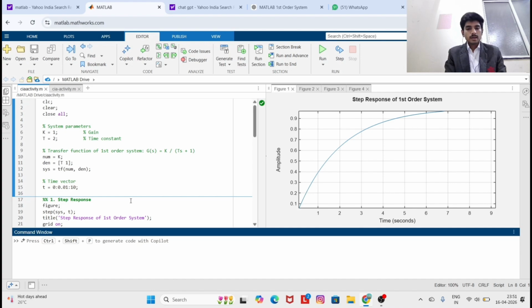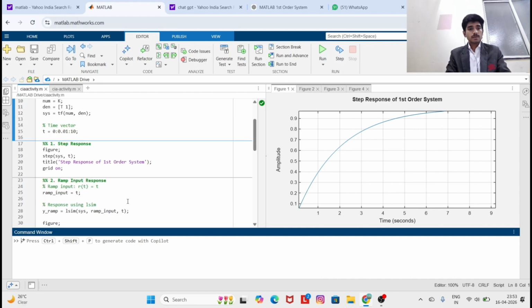Then this mathematical model is converted into a form that MATLAB can understand, so that it can be used for analysis and plotting. Finally, the time range from 0 to 10 seconds is selected with very small intervals. This helps in observing the system behavior smoothly over time.